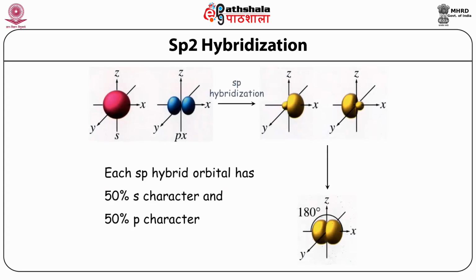Now as you can see, students, if the s orbital and the px orbital are joined together, giving rise to the sp hybridization, resulting in the inclination of them by 180 degree, and here each sp hybrid orbital has 50% s character and 50% p character.